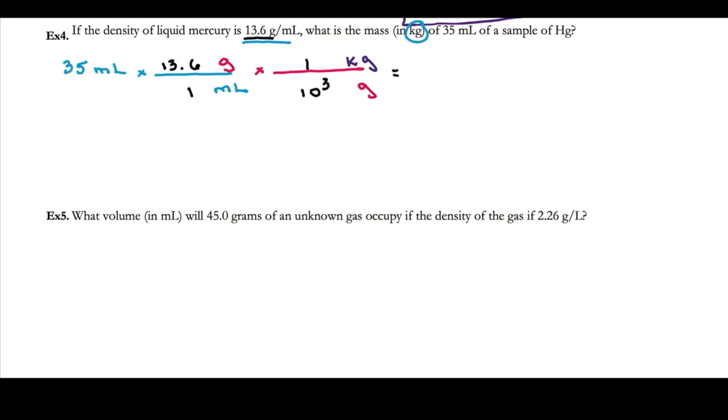So now all I have to do is the math, 35 times 13.6 divided by 1,000, and what I get unrounded is 0.476 kilograms. Both of these are conversion factors, so I'm just going to use 35 for sig figs. So I should have only 2 sig figs. The 6 rounds the 7 up, so this is going to be 0.48 kilograms.